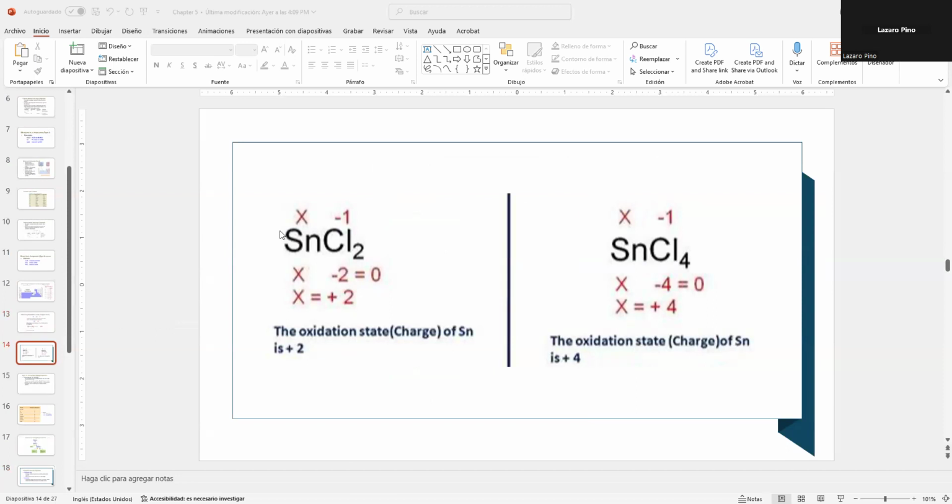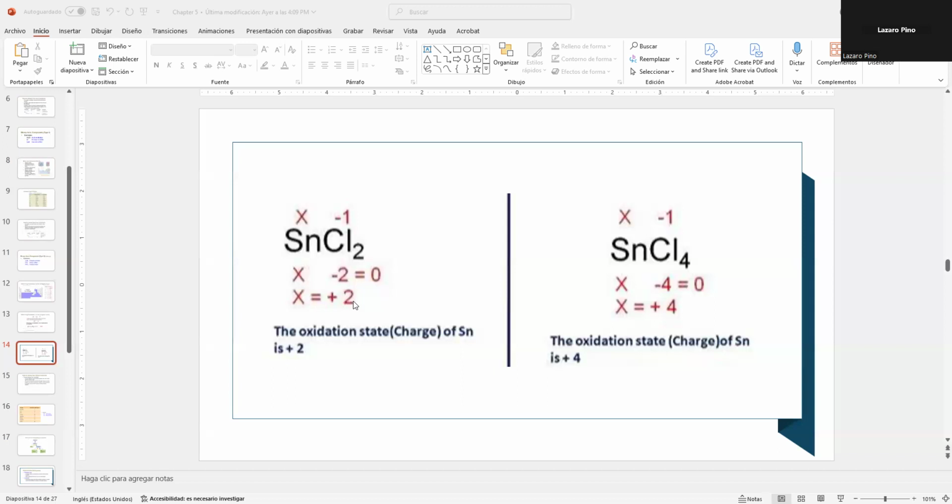Well, here we have SnCl2. We have the formula, but we don't know the charge of tin in this case. We consider that the charge is X. And as we multiply 2 times -1, we have -2. As the net charge of a compound is 0, we can find the charge of tin by doing this calculation.